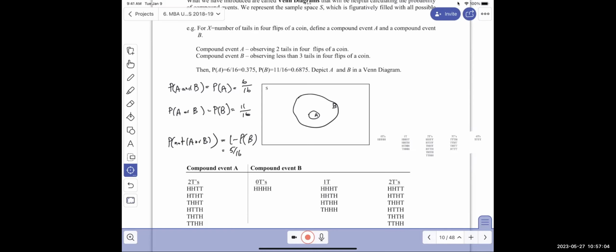Without knowing the drawing, if you were just to add A and B, you'd be in trouble. Because if you add them, you get more than 100%. 6/16 plus 11/16 is more than 100%, right?